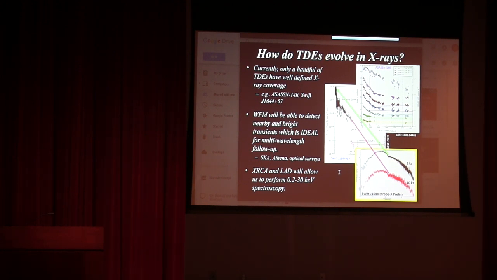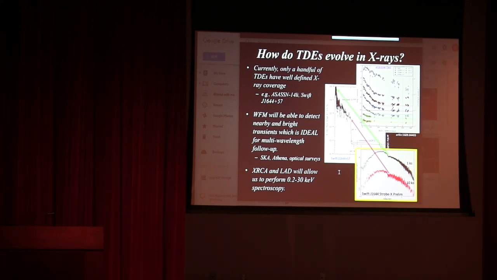And so I tried to do a quick simulation of how quickly one would be able to observe to get a result very similar to what we observed with Swift J1644, where we had a lot of observational data. Within 1 kilosecond of STROBE-X, we get a really nice spectrum straight away without any problems.